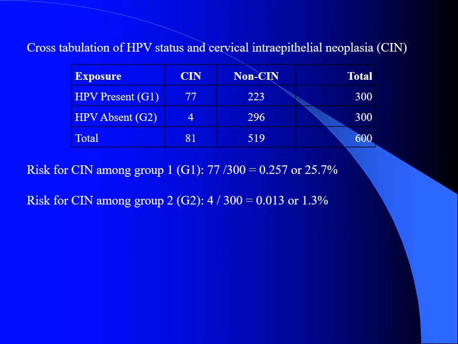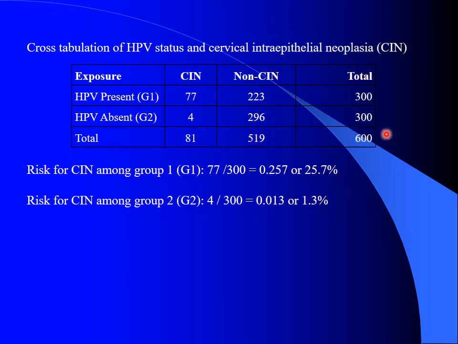Coming to an example related to this, let us suppose we have data on 600 women. It's a tabulation of pre-cancer versus HPV status. HPV is human papilloma virus. If we ignore HPV and look at the total number of women, out of 600 women, pre-cancers are 81, and non-pre-cancer, normal, are 519.